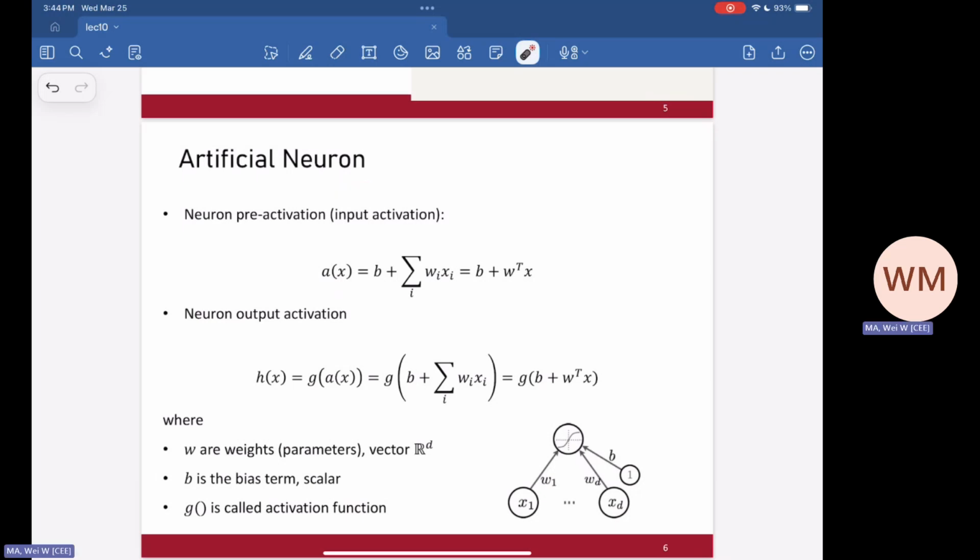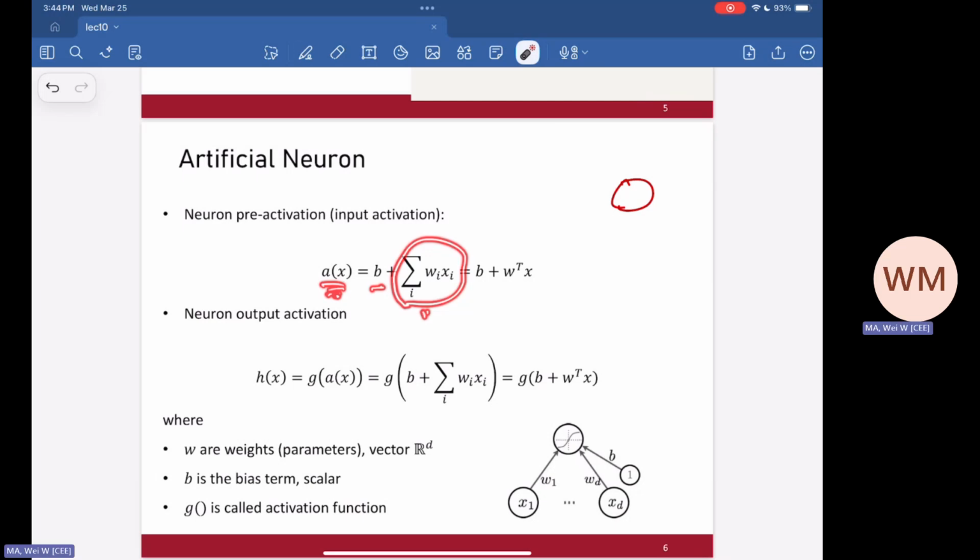For this neuron, there is some terminology I want to show you. You have two steps. The first step is that you calculate the summation. Here I'm using a(x) to denote the summation. The summation is the bias plus the weighted sum.